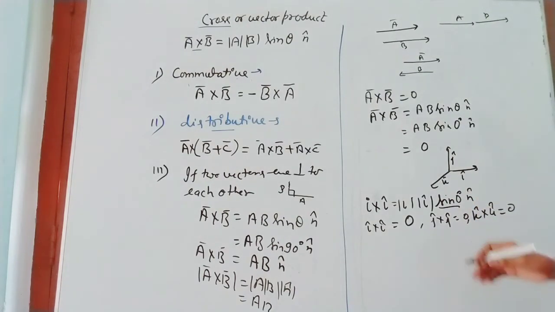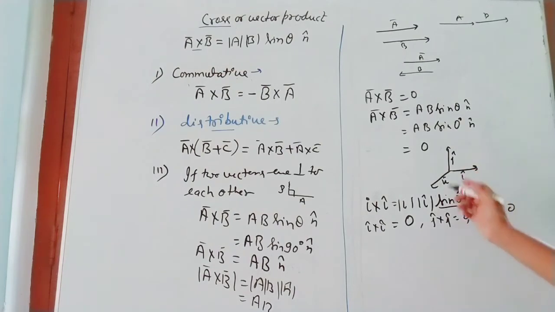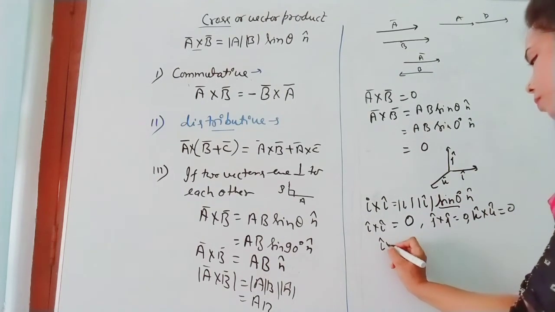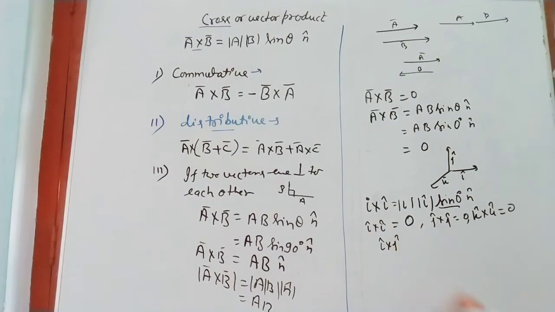Now we will find what i cross j is. So i cross j equals the magnitude of i into the magnitude of j into sin 90, since i and j have an angle of 90 degrees, and the unit vector n.